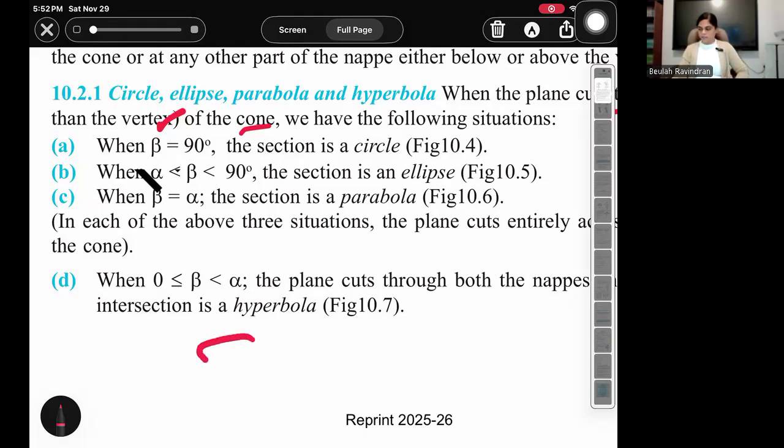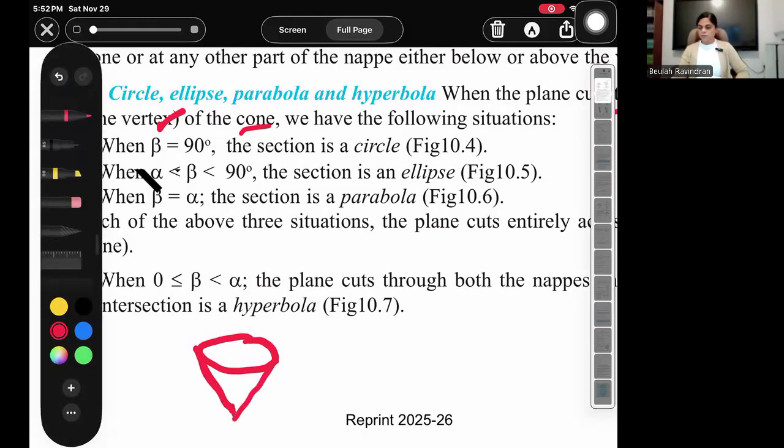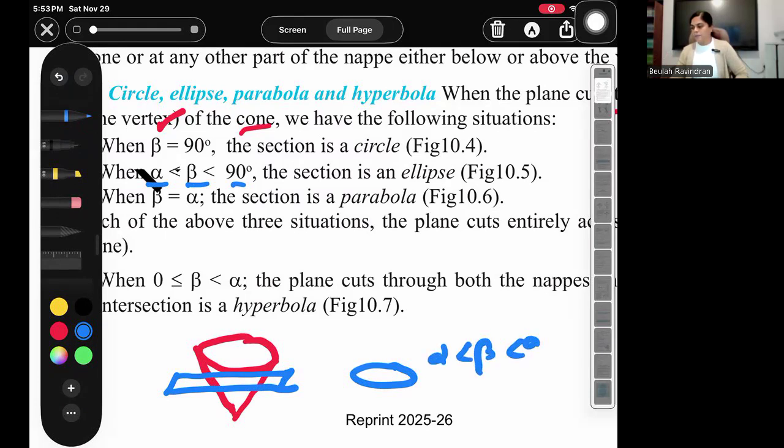You know that, right? Suppose this is a conic section. If the plane cuts exactly perpendicular, then the remaining part is circular, so the section will be a circle. If beta lies between alpha and 90 degrees, then that is the ellipse.